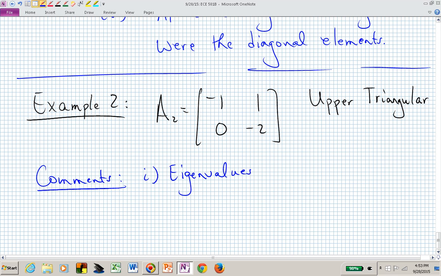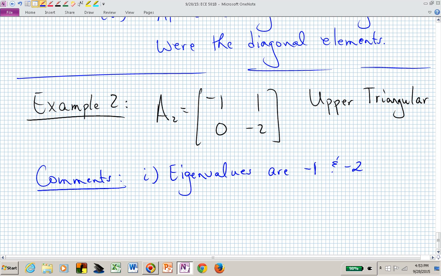Because it's triangular, it could be upper or lower, and upper now means everything below the diagonal is 0. If it was lower triangular, everything above the diagonal would be 0. As long as I have all 0 above or below the diagonal, my eigenvalues are still on the diagonal. One of the comments then is eigenvalues are minus 1 and minus 2, just like in the previous matrix, but this matrix is not equal to A1, is it?